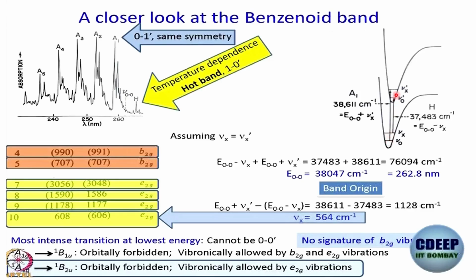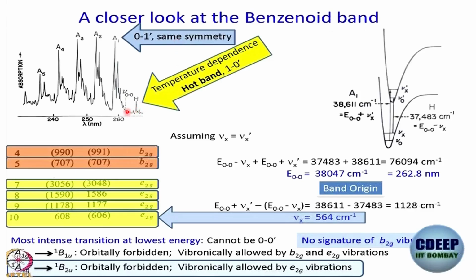So the least energy transition would be 0 to 1 dash. Others would be 0 to 2 dash, 0 to 3 dash, where the energy increases and the wavelength will be blue shifted. So the red shifted highly intense peak is 0 to 1 dash, and that is why it is written 0 to 1 dash.